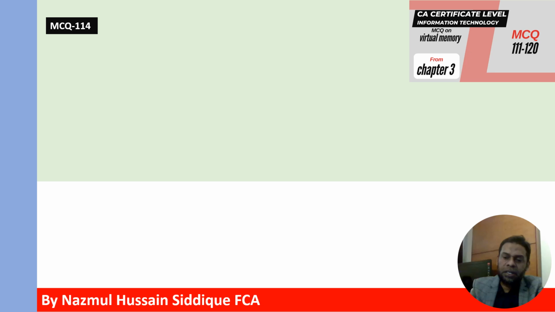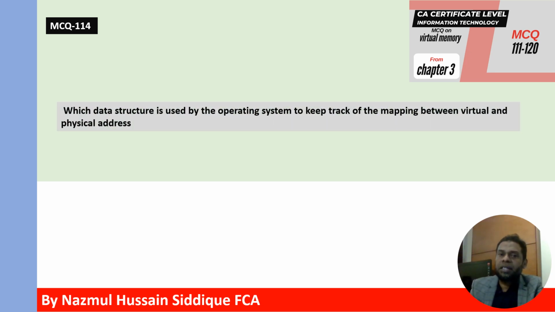Next question 114. Which data structure is used by the operating system to keep track of the mapping between virtual and physical addresses? Option A, hash table, or option B, page table. The correct answer is B, page table.